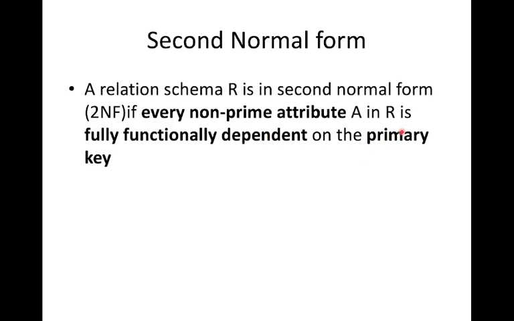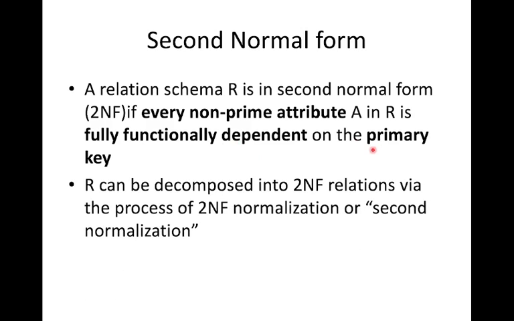We have to consider only the primary key of R. If it is not in second normal form, we can decompose it into 2NF relations via the process of 2NF normalization, or second normalization.